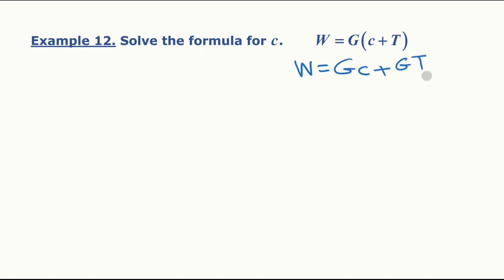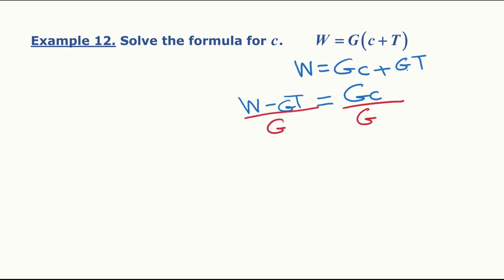Now we want to isolate the c term, so we keep the gc where it is. We'll go ahead and move the gt to the other side, and it becomes what? It becomes minus gt. Remember, change sides, change signs. And we're almost there. We want to solve for c, so we just need to get rid of the g, which we can do quickly by dividing it off from both sides.